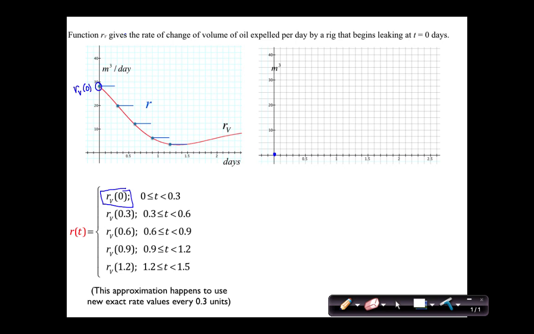And after one interval, just to be able to draw a picture of this, 28 cubic meters per day for 0.3 days would be, what, 6, 7, 8.4. So in the first 0.3 days, 0.1, 0.2, 0.3, 8.4, maybe about here. It's an estimate, so big dots cover error. In the first 0.3 days, it would get to this high.